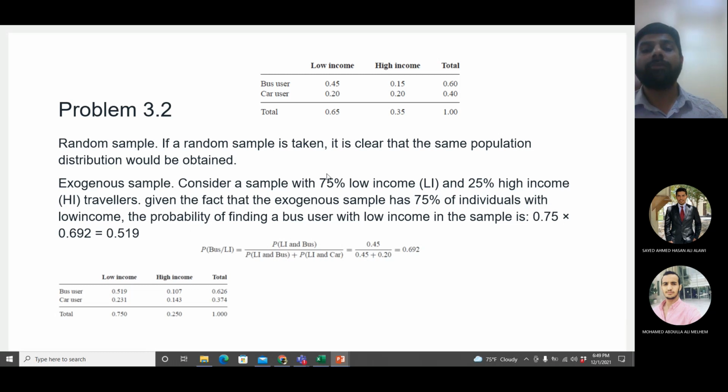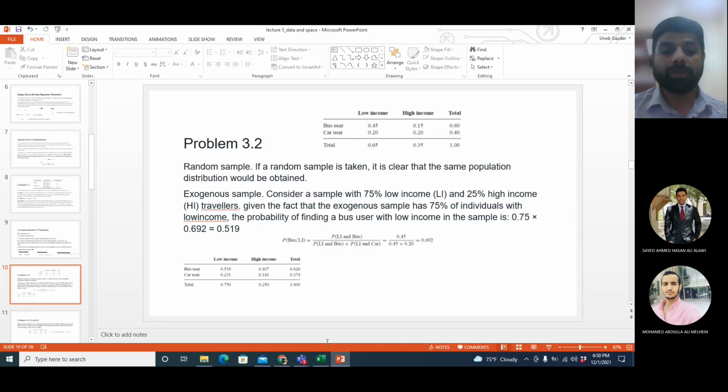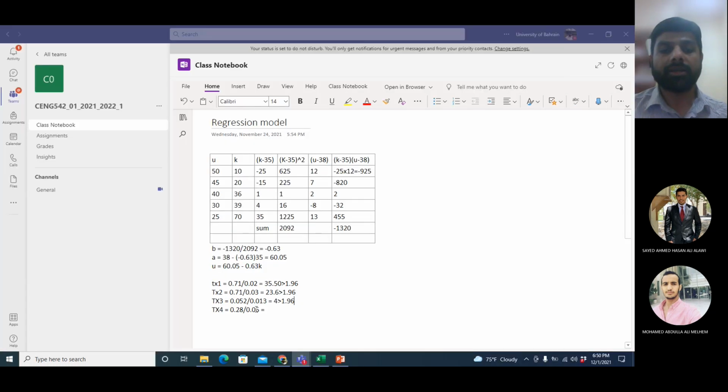So out of these 75%, what is the probability of choosing the bus? 69%. So now if you want the combined probability that a person will choose bus from low income group in the sample, then you multiply the general probability with the percentage of that group you have collected in the sample. You can see the table over here, but let us do some calculations ourselves so that you get a better hold of the idea.